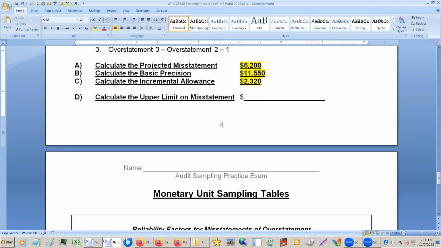What is it? 50 plus 50, 200. $19,070. Hopefully that's what you guys got.